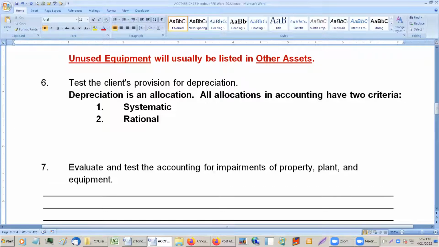Now, we have different methods of depreciating things. We can do straight line. You guys probably have done all these, I'm sure. Production or activity method.